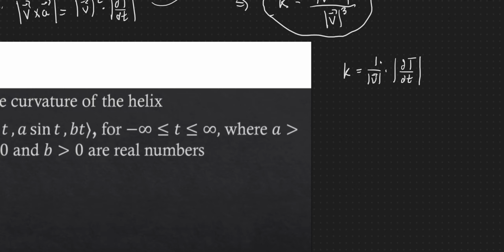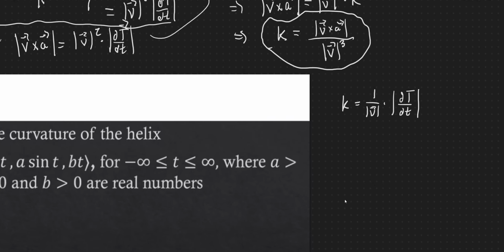We could also use this one. So deciding which of these 2 formulas to use for curvature just comes from experience and thinking about what kind of quantities you're going to get out for v and a and whether it's going to be easy to take a cross product, things like this. So that really comes from experience. You can use either one and go for it.